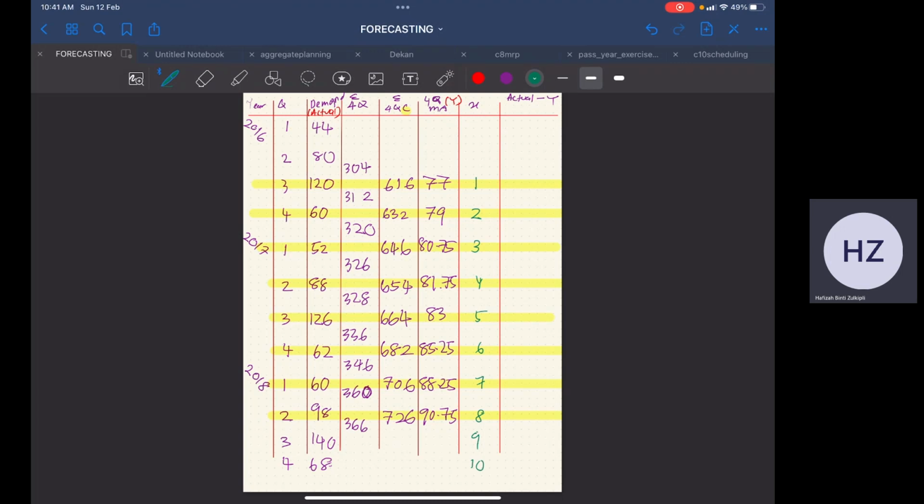So it's actually 120 minus 77, you get 43. And then 60 minus 79 is negative 19. 52 minus 80.75 is negative 28.75. So repeat until the end of the column.